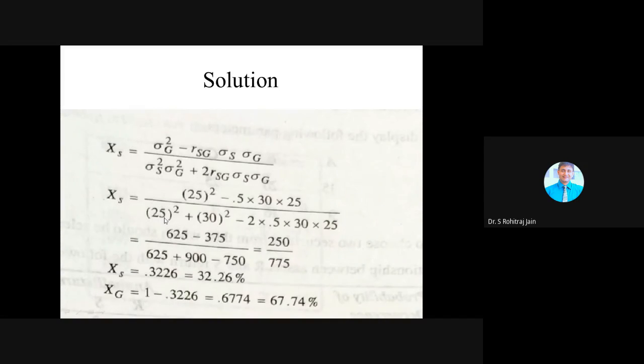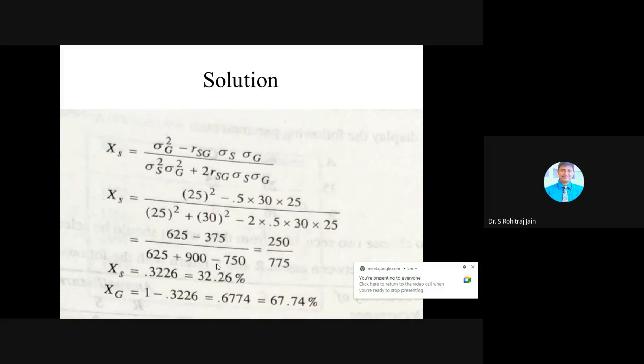Okay, see 25 square plus 30 square minus 2 into the correlation coefficient that exists between the two stocks, they have given me 0.5, into standard deviation of SAL, that is 30, into standard deviation of G, that is 25, which is equal to 625 minus 375 in the numerator, whole divided by 25 square, that is 625, plus 30 square is 900, minus, please do this calculation and check, 2 into 0.5 into 30 into 25, which is equal to 750.